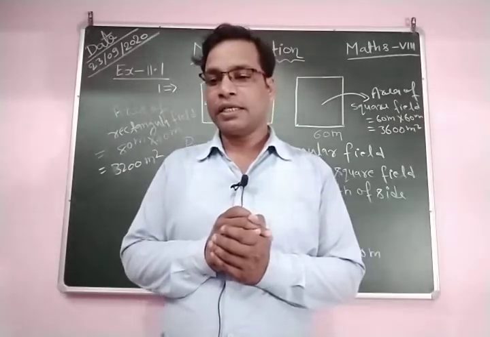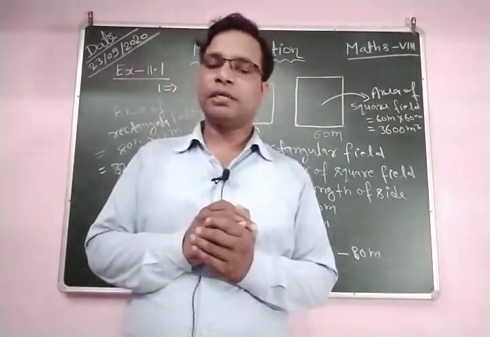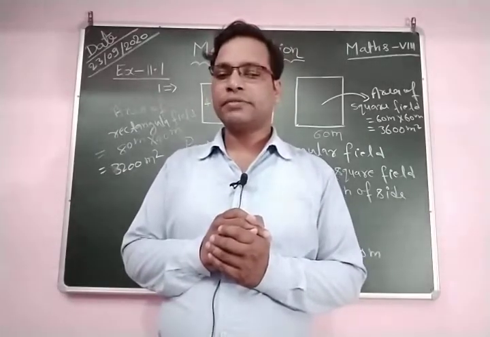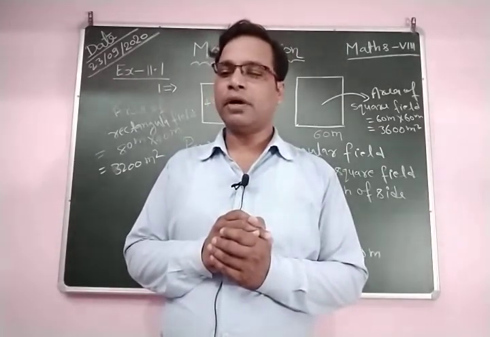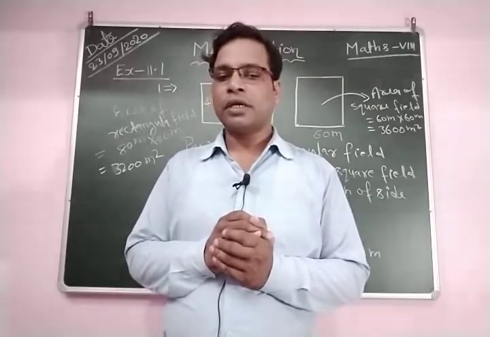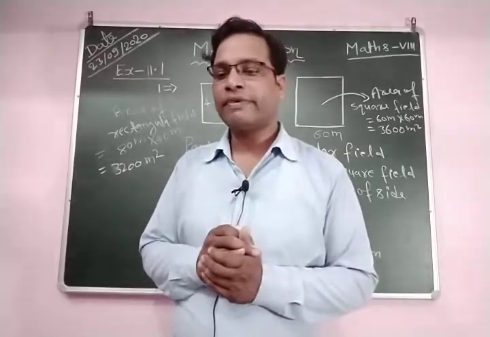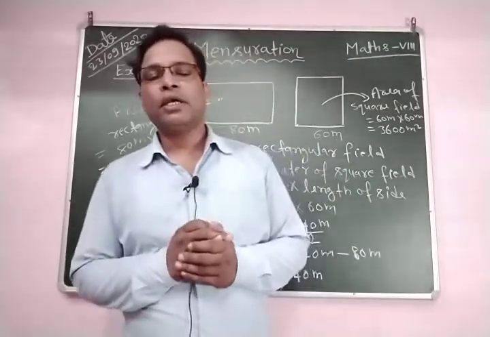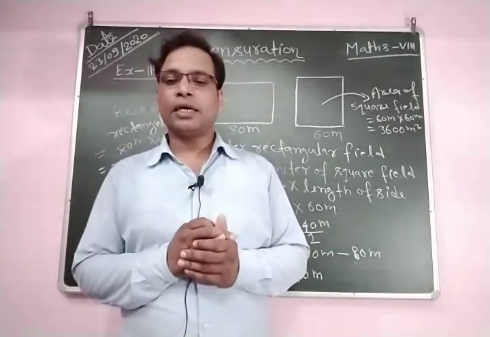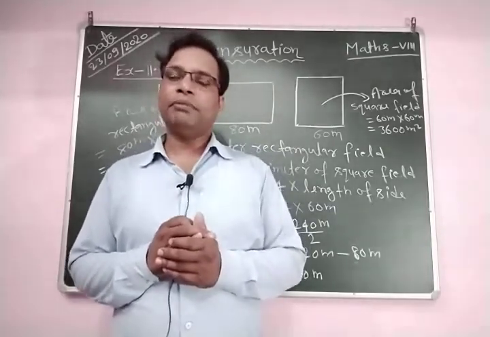Okay, and she wants to construct a house in the middle of the plot. A garden is developed around the house. So find the total cost of developing the garden around the house at the rate of 55 per meter square.